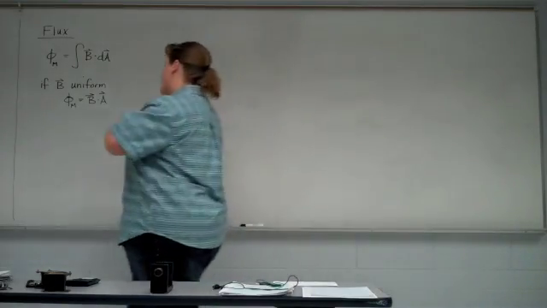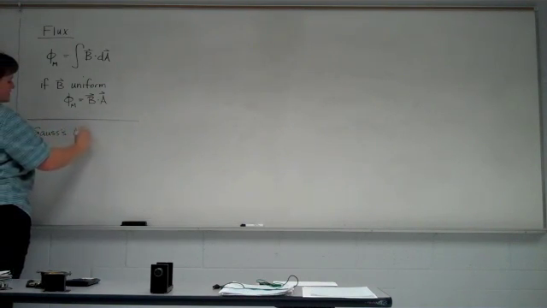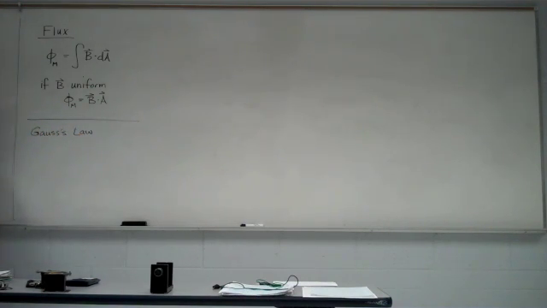Now, we can talk about Gauss's law for magnetism as well. Gauss's law was just the special case of flux where we looked at the flux through a closed surface.